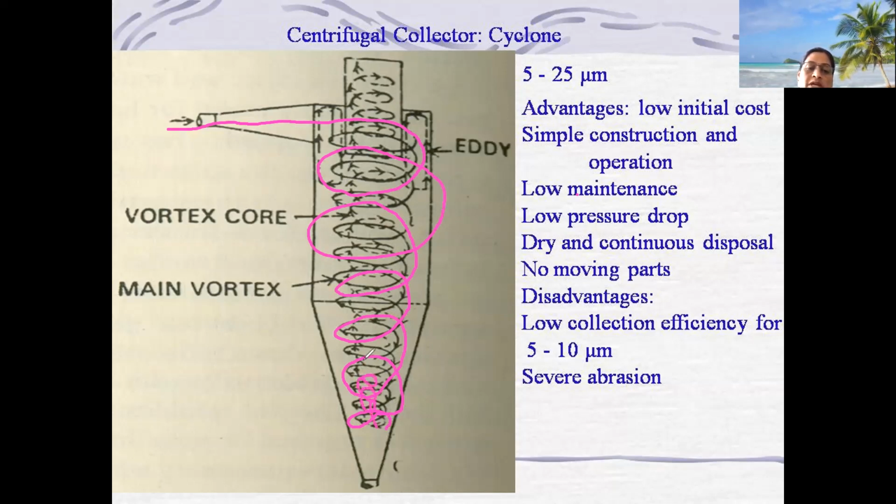That's why in this figure you are observing there are two vortices. The outer vortex is created when the gas is moving down, and the inner vortex is created when the gas is moving up. This way two vortices are created with the structural dimensions of this cyclone separator.